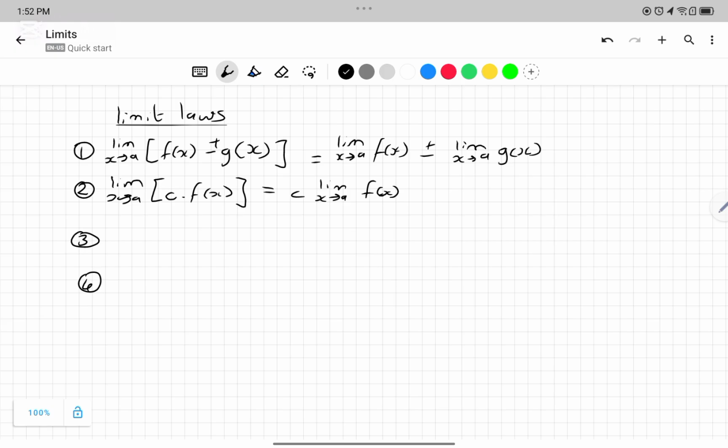The third rule is limit of f of x times g of x as x approaches a, which we could deal with separately by saying limit of f of x as x approaches a times limit of g of x as x approaches a.